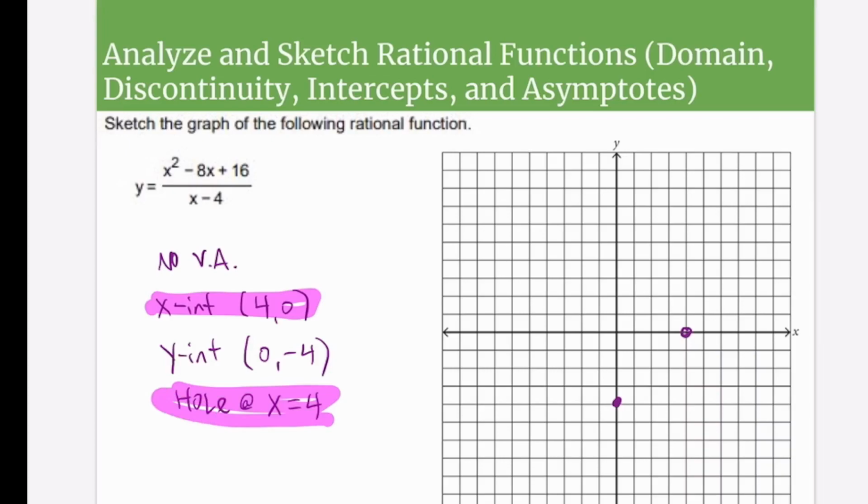So we still plot that point, but we need to make sure this point is an open circle. So I'll make that a little larger. There we go. And because there's no vertical asymptotes, we're just going to connect these lines.